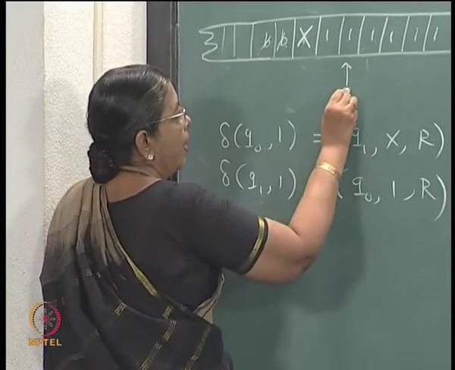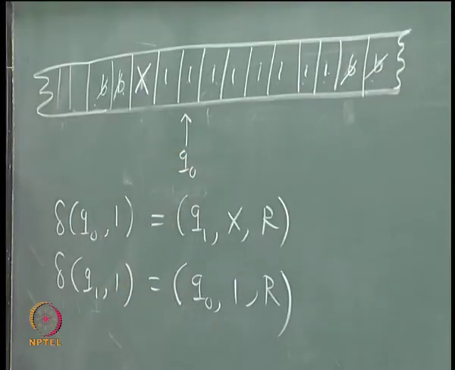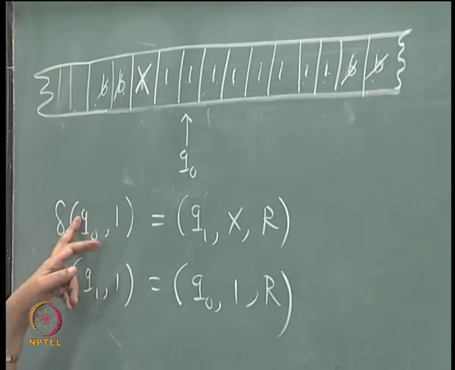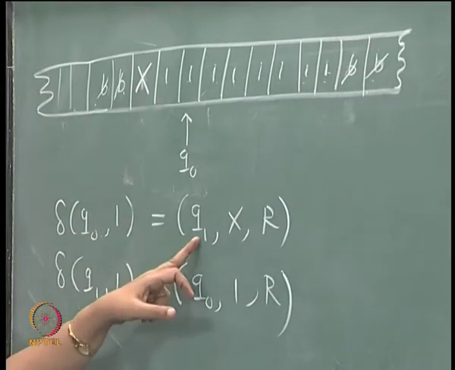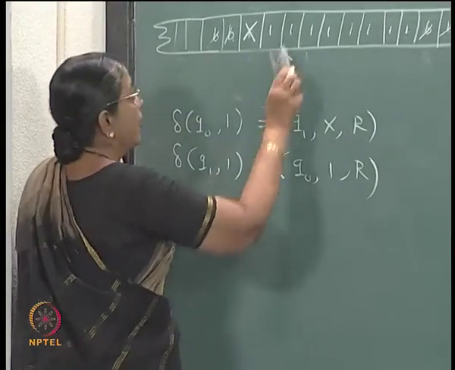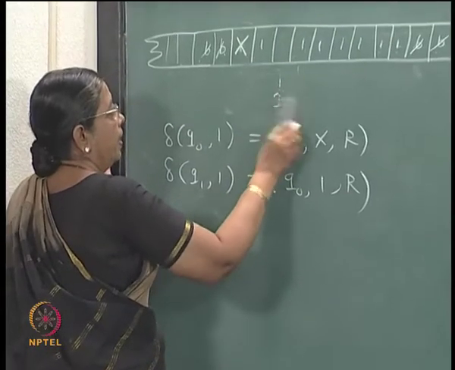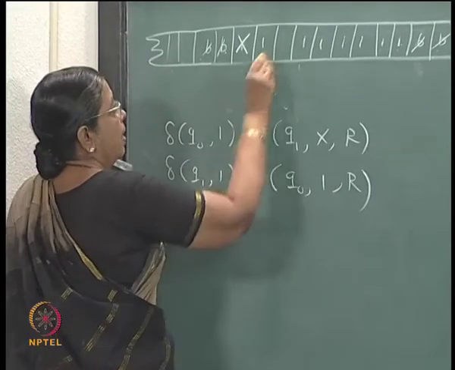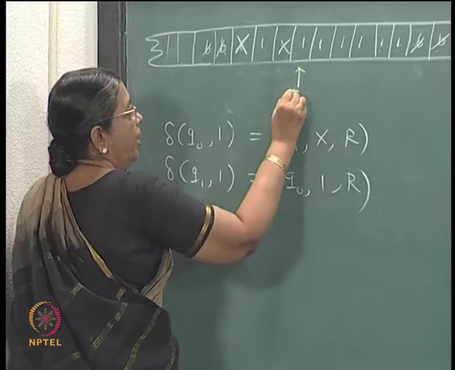So, next instance it will be Q naught and 1, right. What is the move for Q naught and 1? Q naught 1 is Q1 x R. So, change this into an x and move right in Q1.